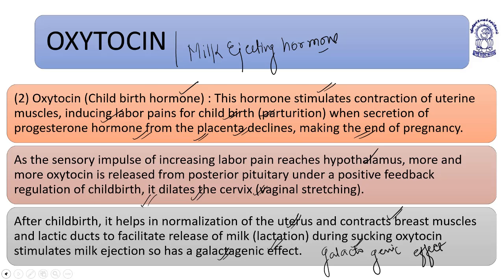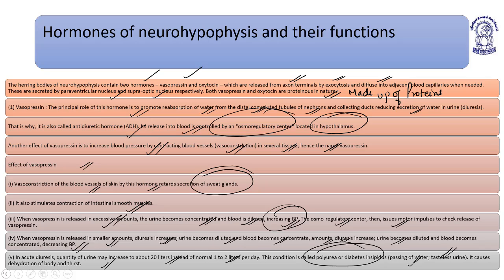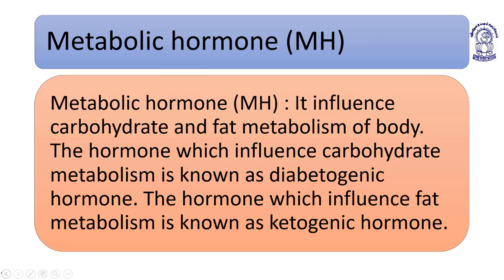So this is all about the secretions of the anterior lobe of the pituitary, the adenohypophysis, and then the hormones of the neurohypophysis. All the hormones secreted by the anterior and posterior lobes of the pituitary are under the control of the hypothalamus.